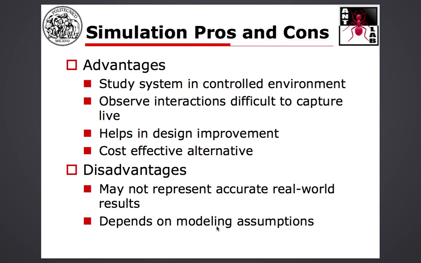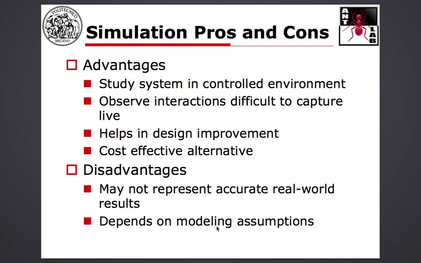And of course, all the results that we get out of our simulation depend on the modeling assumptions. As long as our assumptions are close to real life, the results will also be valid in real life. But when the assumptions we make are too simple, the results that we obtain will not be useful for real life.